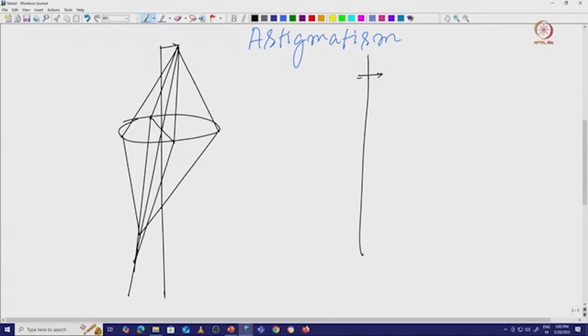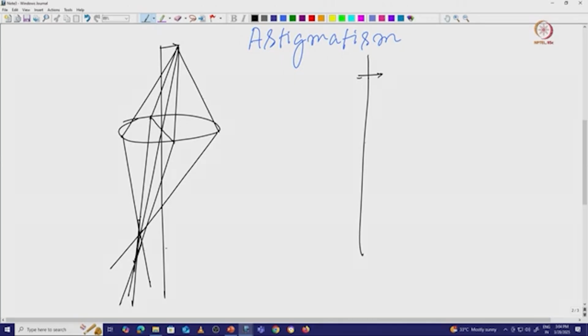Now if you continue these rays, this ray will go like this, and this ray will go like this. Due to different magnetic fields, in one direction and in the other direction, the rays will go differently. In this image you can see that the entire ray bundle is focusing but is shifted from the actual optical axis.